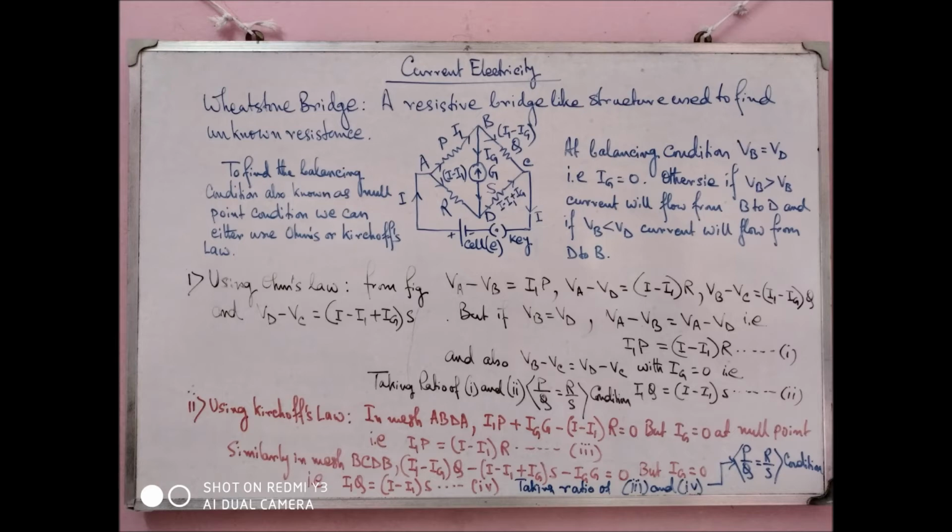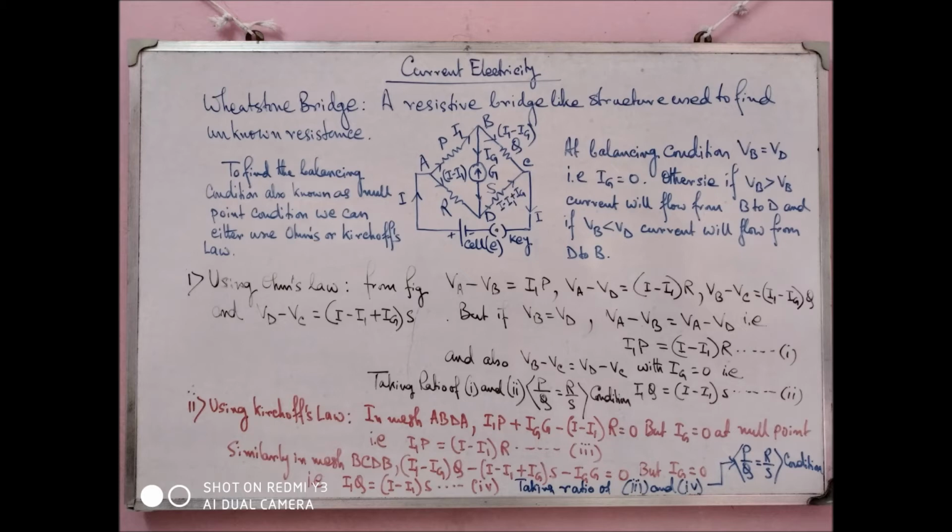Now the question is, how does this Wheatstone bridge help us to find these unknown values? Now look at the board. The term bridge, we know bridge is like Howrah bridge, Second Hooghly bridge.